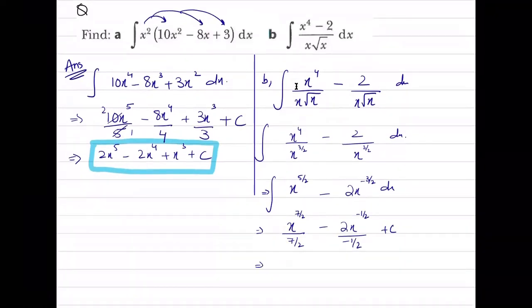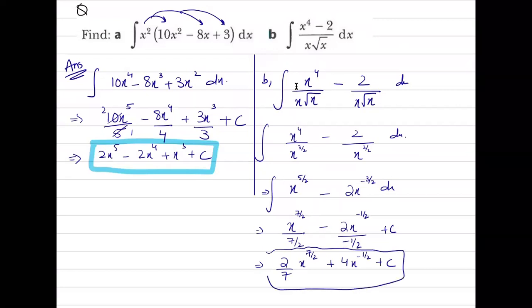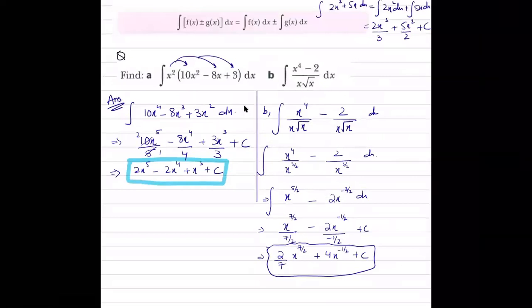To simplify this, you are going to get 2 upon 7 x to the power of 7 upon 2 plus 4x to the power of minus 1 upon 2 plus 3. Are you getting the same result? I got a different one, but I probably made a calculation error. Okay. Let me know when you're done. We are going to move on.